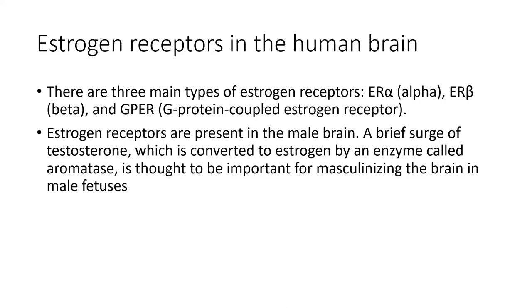Now, what about estrogen? We have 3 types of estrogen receptors. I won't go into detail about those, but an interesting point is that there are estrogen receptors in the male brain, and we mentioned in an earlier lecture that fetal testosterone masculinizes the brain, but part of this is actually mediated by estrogen.